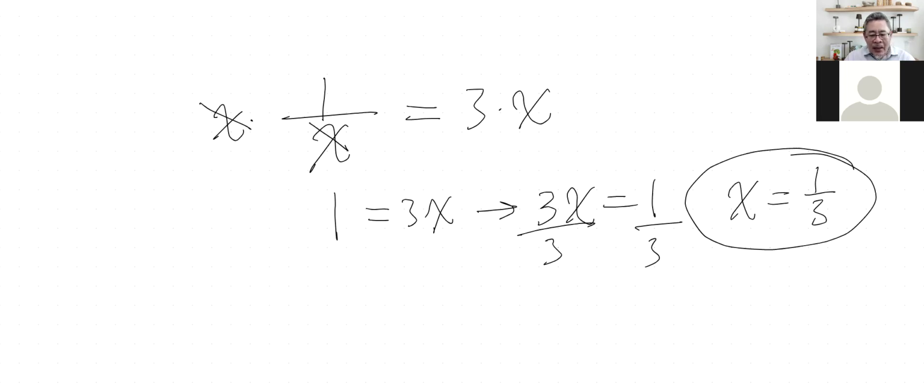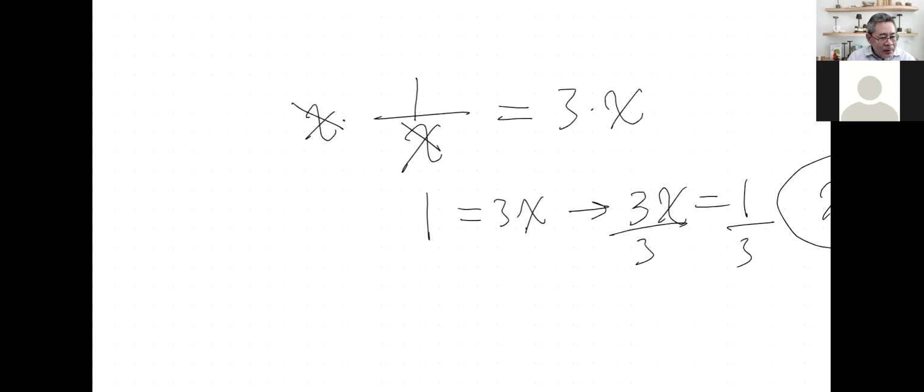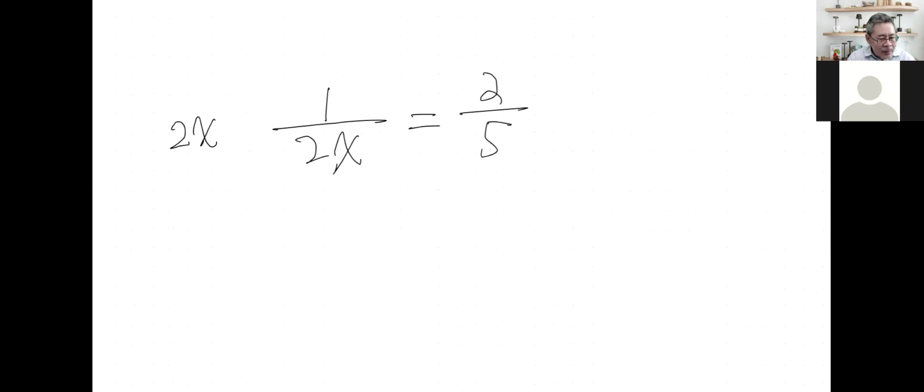And we could have something like, say, 1 over 2x equals 2 over 5. In this case, we're going to multiply both denominators, 2x and 5. So 2x times 5, and this side also 2x times 5.